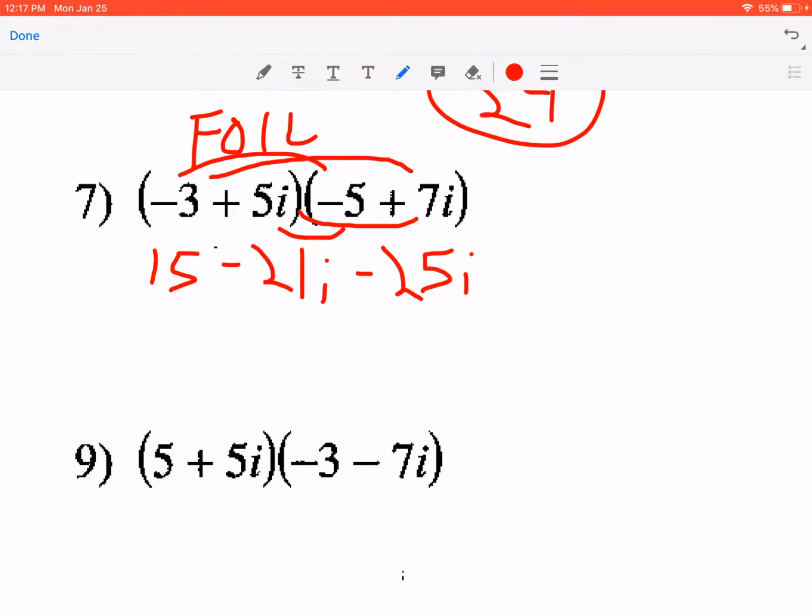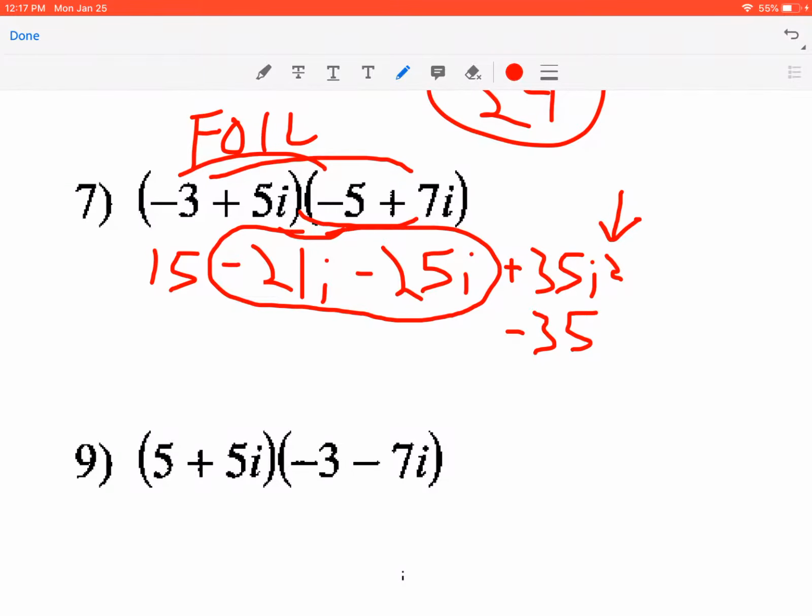Last times last, 5 times 7, that's 35. i times i is i squared. But if i squared is negative 1, this is really a negative 35. These can be combined. You're not multiplying these. You're combining them. A negative 21i and a negative 25i. If you did keep flip change, it'd be negative 21 plus a negative 25. That'd be a negative 46i.